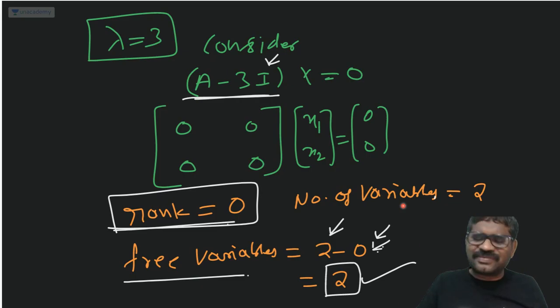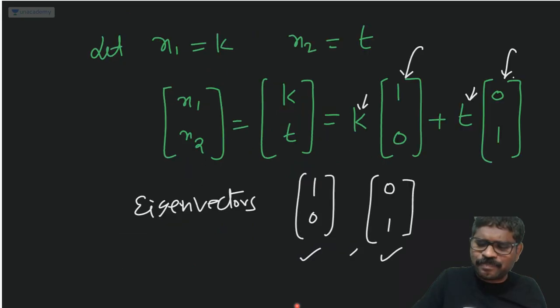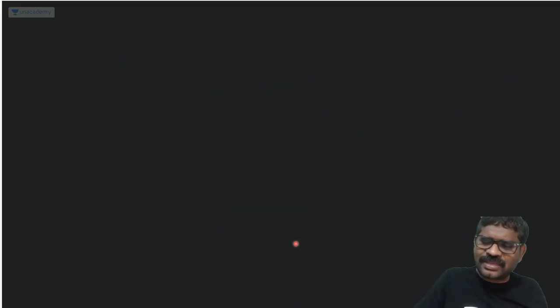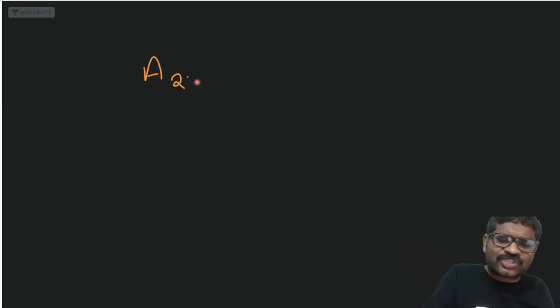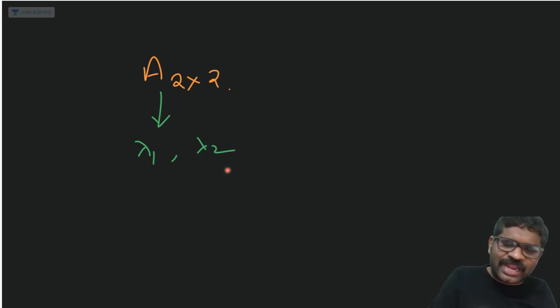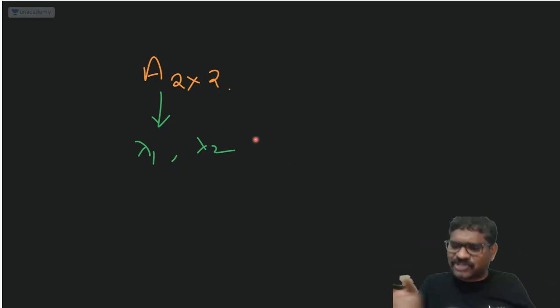Very simple, don't make it complicated. I said very clearly. Observe. If your matrix is 2 cross 2, you have two eigenvalues, lambda 1 and lambda 2. First, understand 2 cross 2, and then I will explain 3 cross 3.